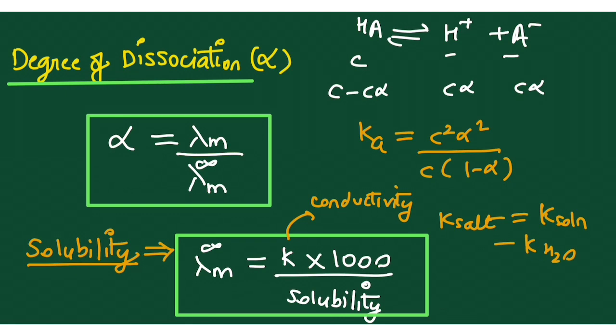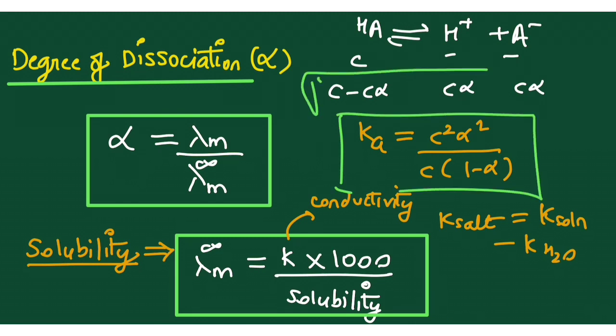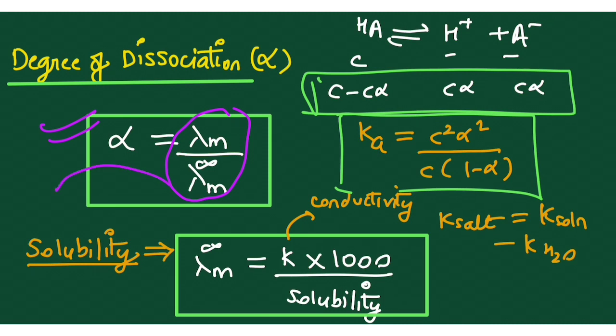Now, we are using the conductance principle to calculate the dissociation constant and the degree of dissociation. Okay. So the degree of dissociation alpha is equal to lambda m divided by lambda m infinity. What is lambda m? Molar conductance. What is lambda m infinity? That is molar conductance at infinite dilution.